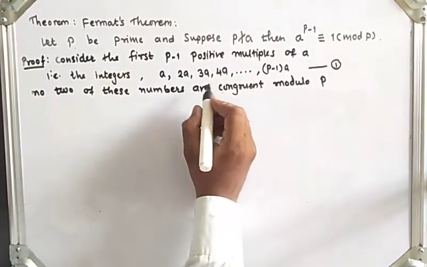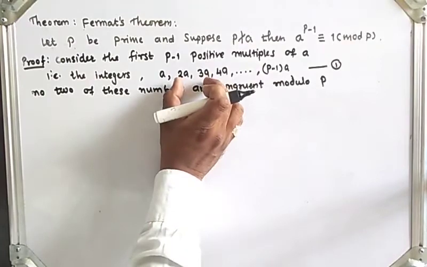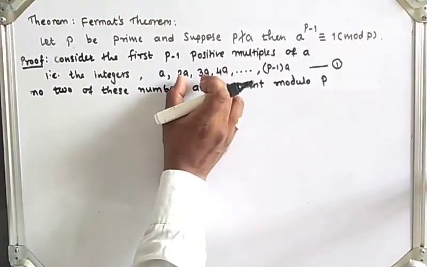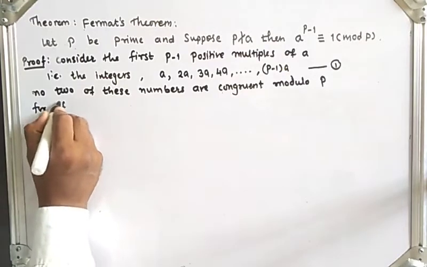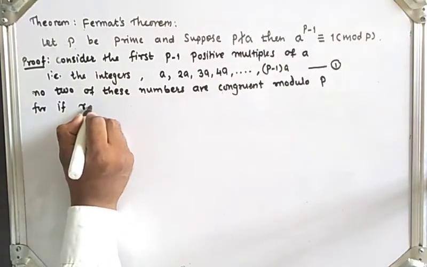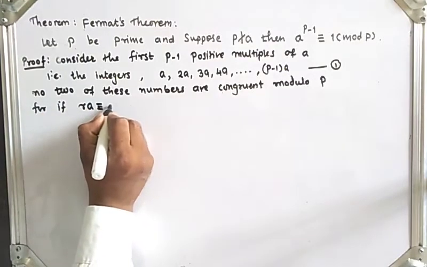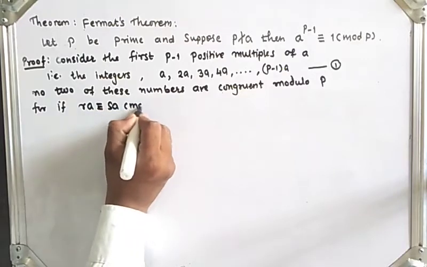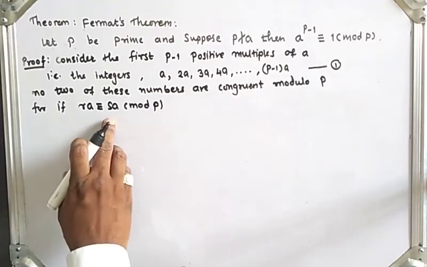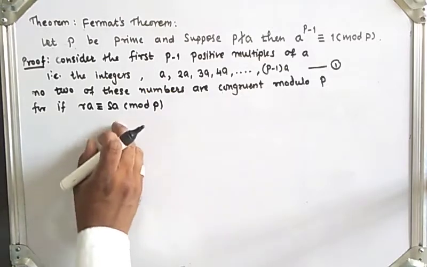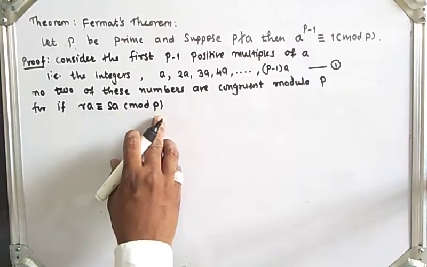Suppose I assume that there are two numbers which are congruent to each other, so suppose ra is congruent to sa modulo p.